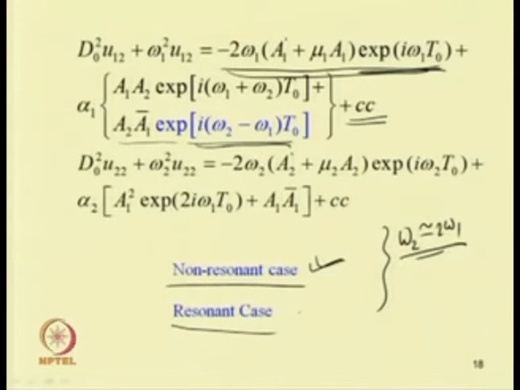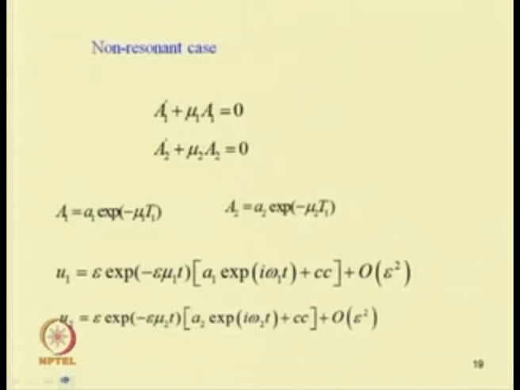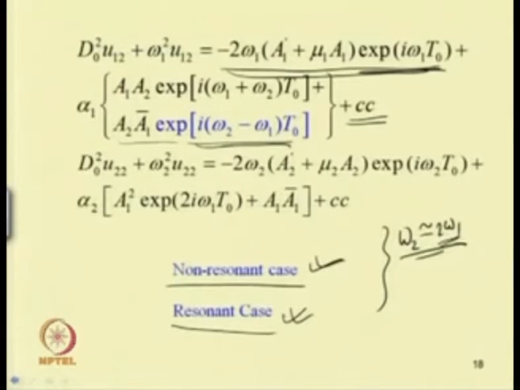In one case we will consider omega 2 not nearly equal to 2 omega 1, and in the second case we will consider the resonant case, in which we will take omega 2 nearly equal to twice omega 1. If we consider the non-resonant case first, then we can write the secular term. This is the only secular term.